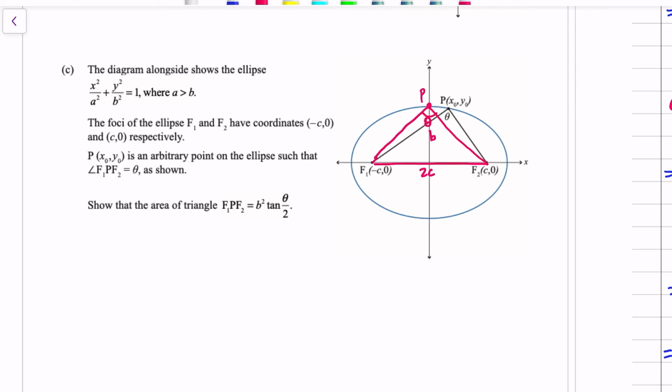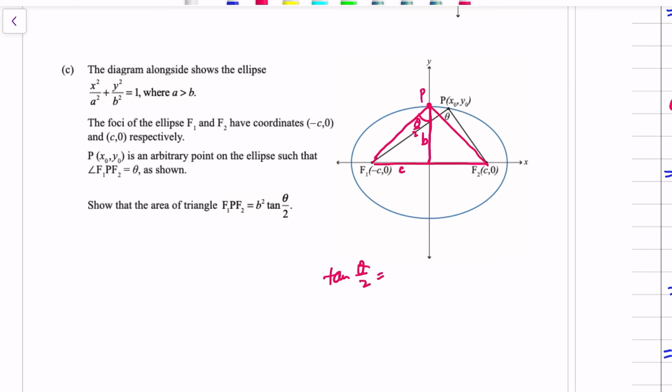So if I split it in half, because I've made an isosceles triangle, then that side's C, that's B, and the angle there is theta over 2.